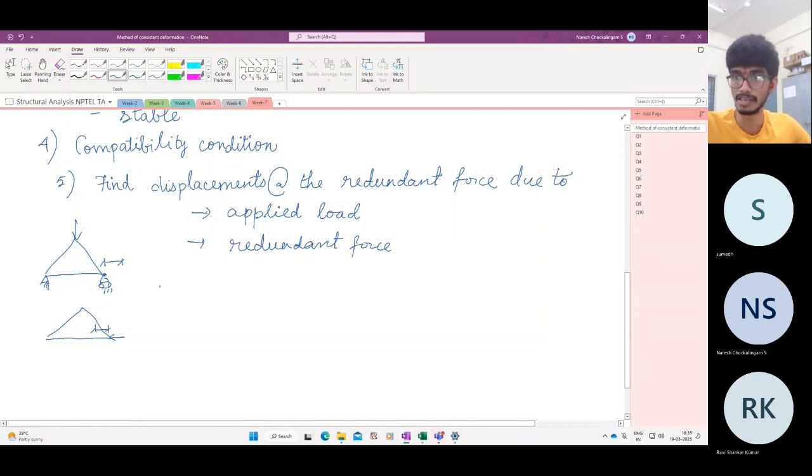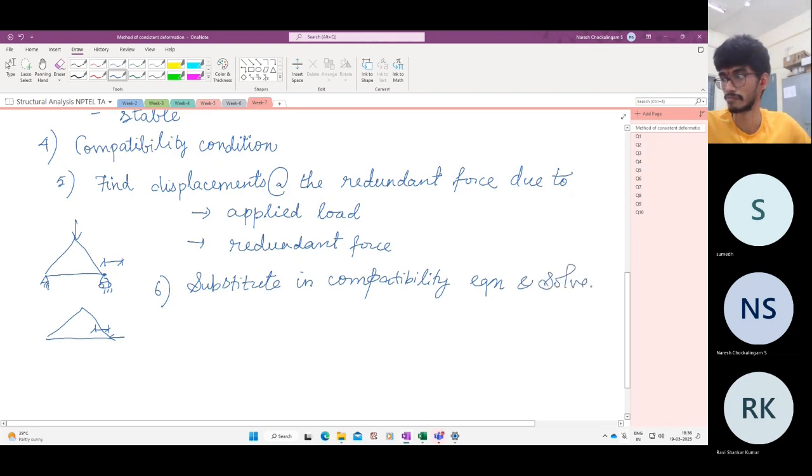Then superpose both. Then substitute in the compatibility equation and so on. So that's it. It's very simple.